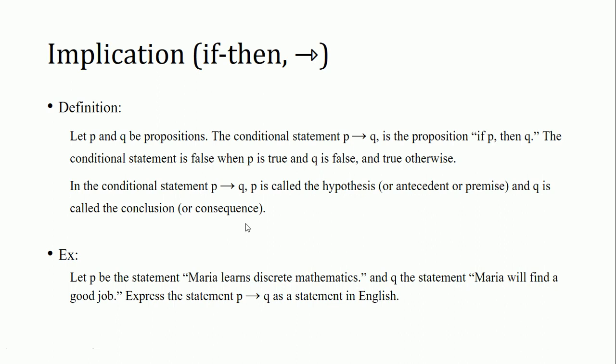Sabi niya dito, magiging false lang yan pag yung value ni P ay true tapos yung value ni Q ay false. Dun lang yung case na magiging false yung implication or conditional statement natin.